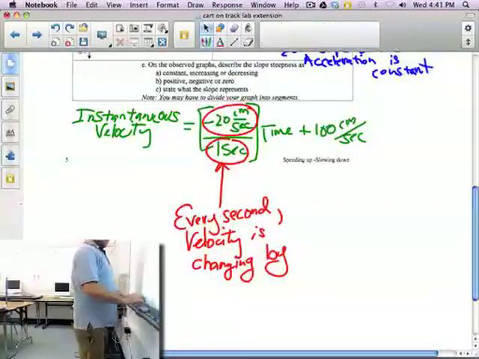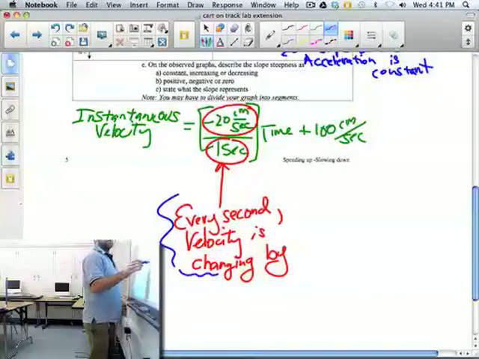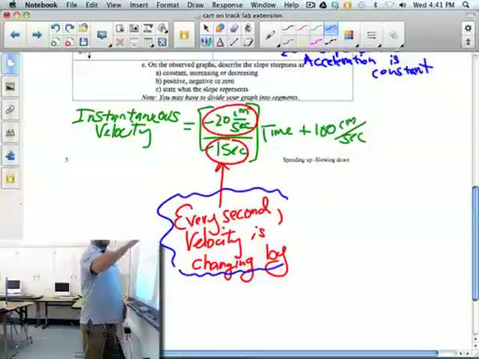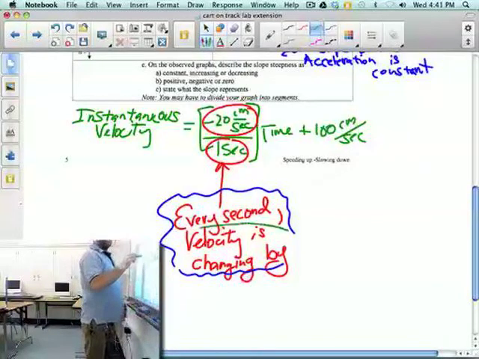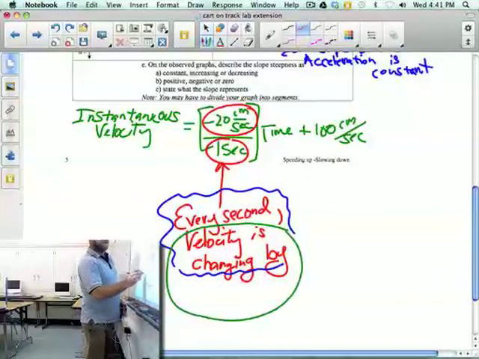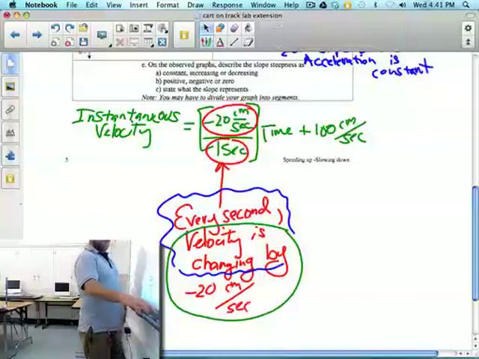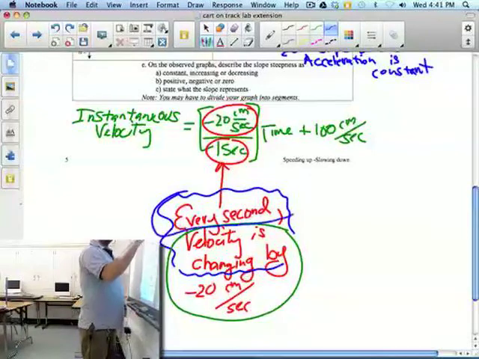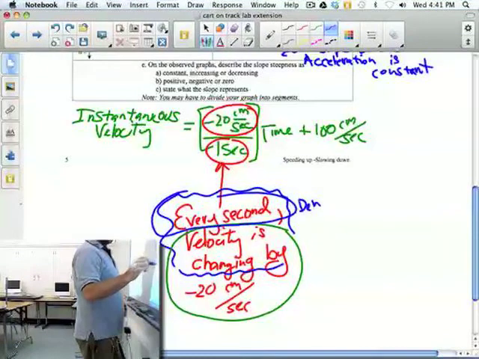So this is the numerator of our fraction. Every second. And then the change in velocity each second looks like it's negative 20 centimeters per second. So this part is the denominator of our fraction. This part describes the numerator of our fraction.